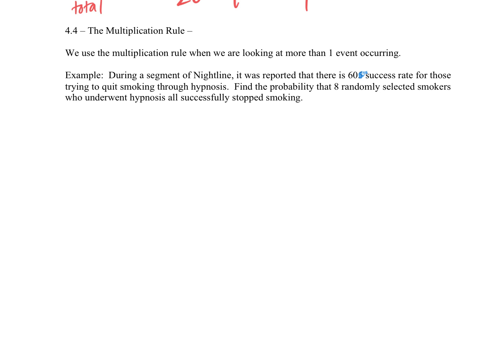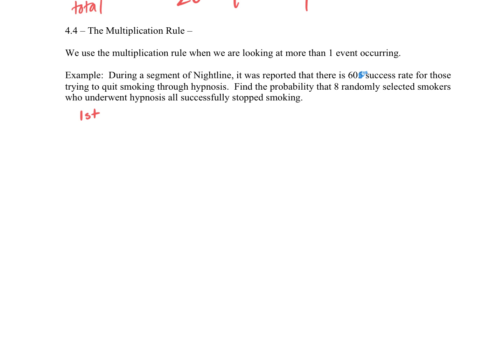They're going to go through hypnosis to try to quit smoking, and the probability of success for any one person is 60%. So we're going to take the probability the first person quits smoking, and the second person quits.